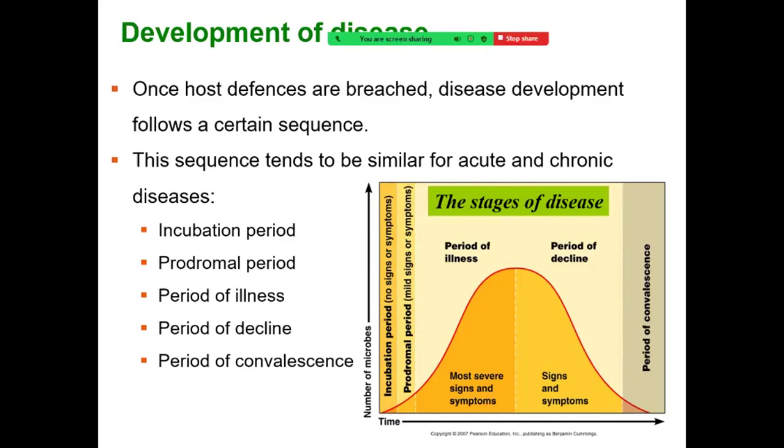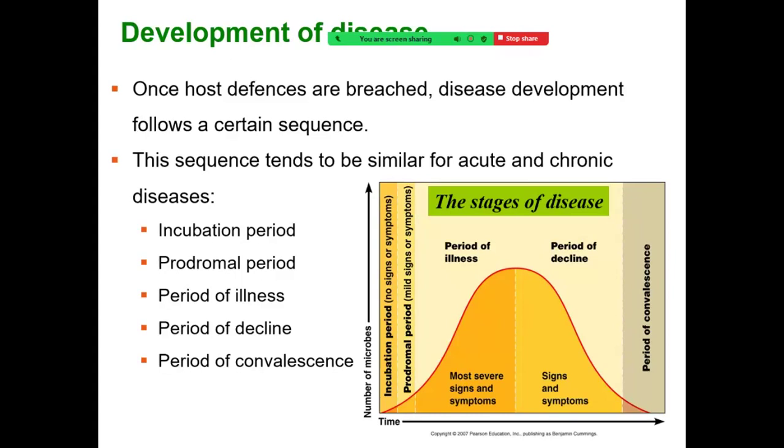The period of convalescence is when the disease-causing microbes drop below a threshold number, and then the patient no longer has signs or symptoms of disease. Note that in the period of convalescence, the patient still has the disease-causing organisms. They just no longer have any signs or symptoms of disease. Any question about any of that?